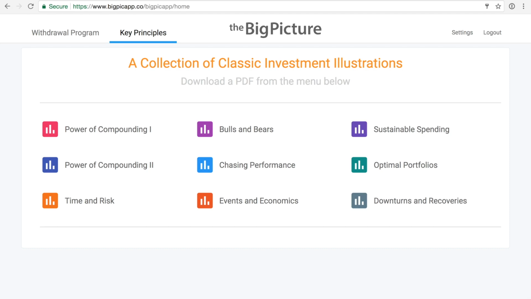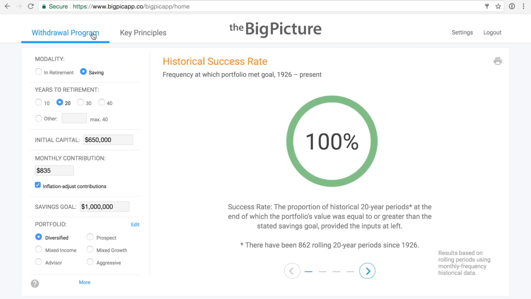With all that said, let me circle back to the withdrawal program and address a question that advisors often ask. Namely, how is this program different from a Monte Carlo simulation, which is what other planning tools use? Well, a Monte Carlo requires you to make assumptions about the future returns, volatilities, and correlations of the asset classes contained in your portfolio.